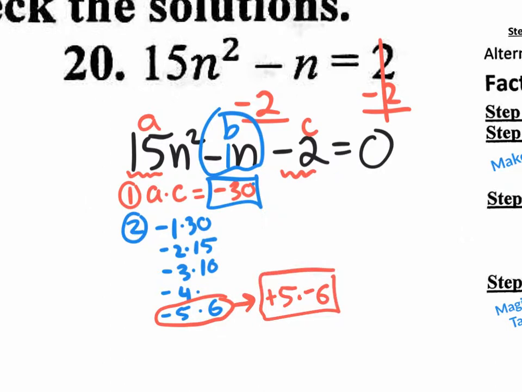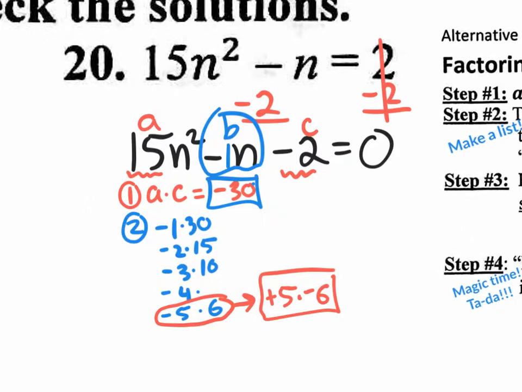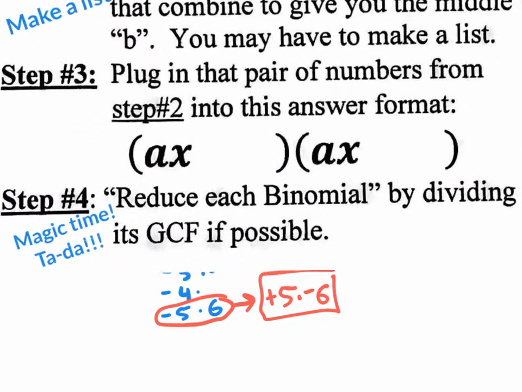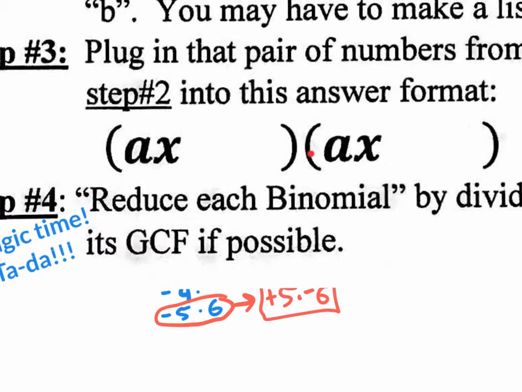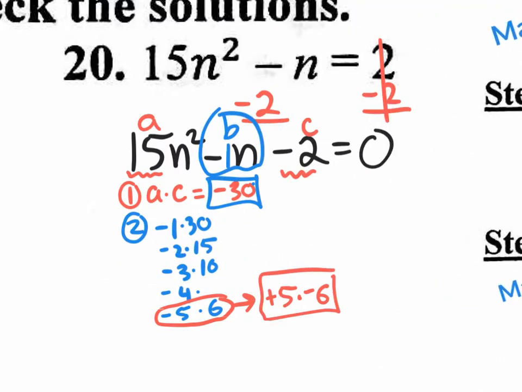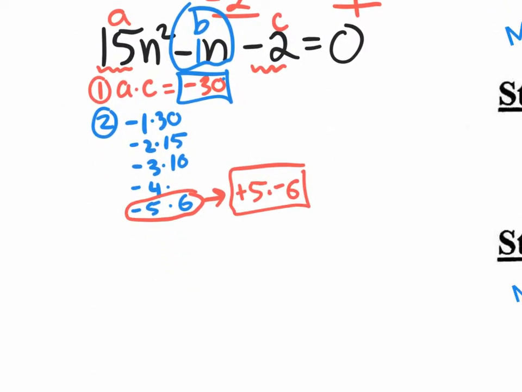Now it's time for step 3. Step 3 is to set up that situation where you have the parentheses with the AX and the AX. So let's do that. I want to do it right here. What is AX in this case? 15n.